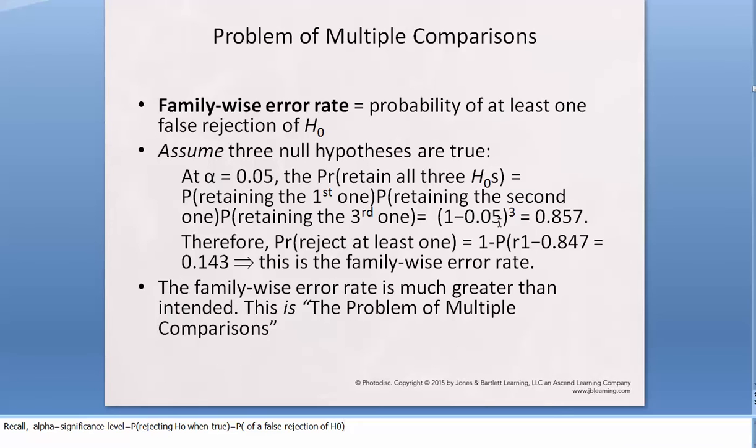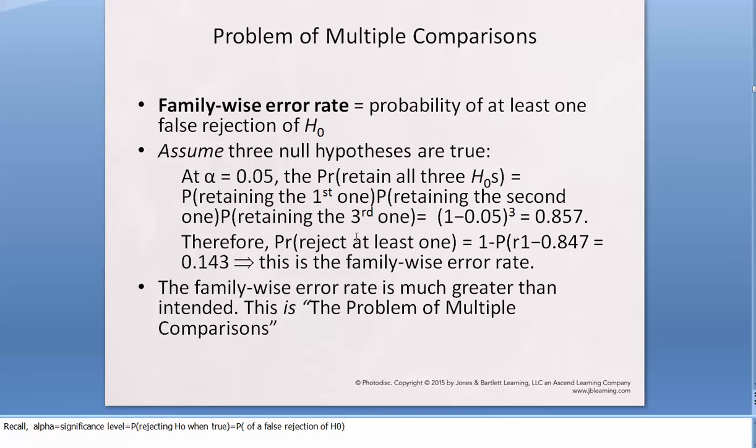The probability of rejecting is 0.05 for each one of them. So the probability of retaining will be 1 minus that, because either you reject or retain H null. This probability is the same for each of these events, so you multiply it 3 times, which is like cubing it, and you get the answer 0.857, right?